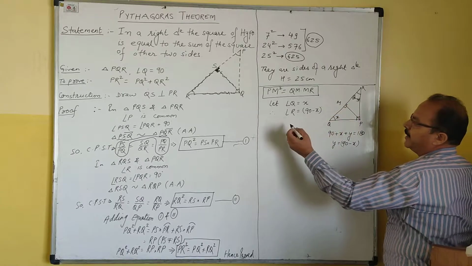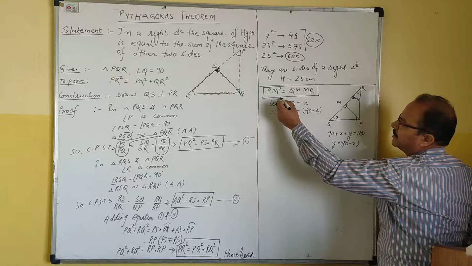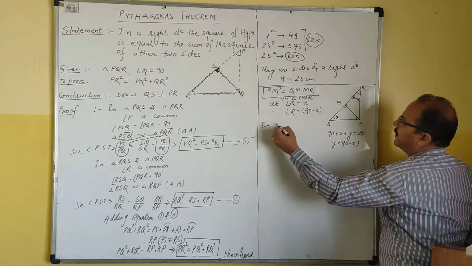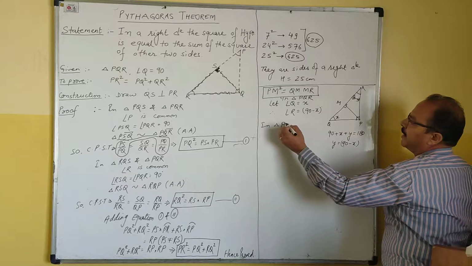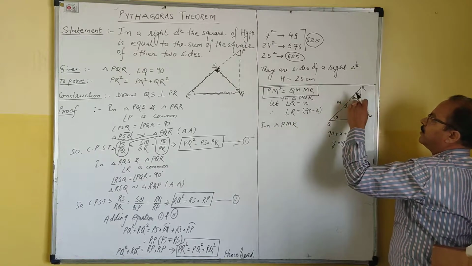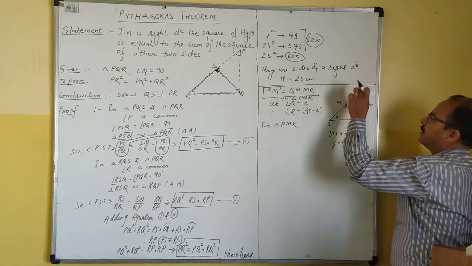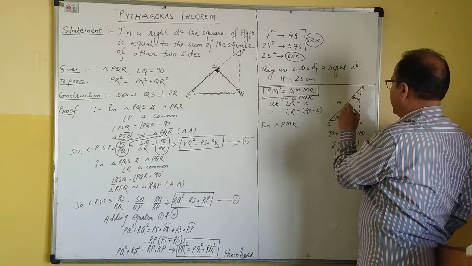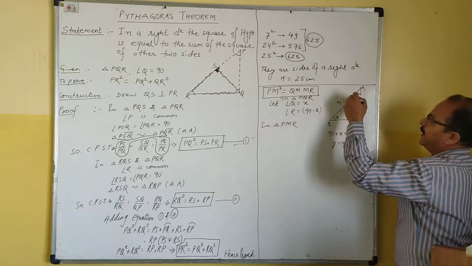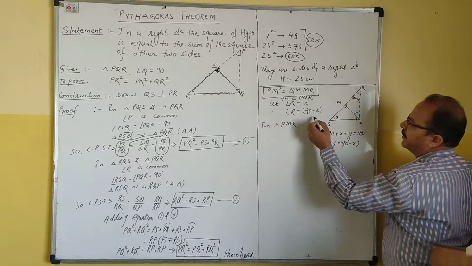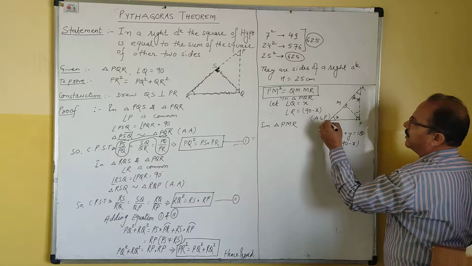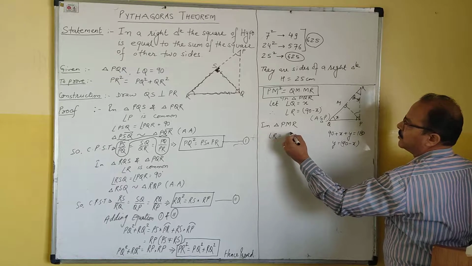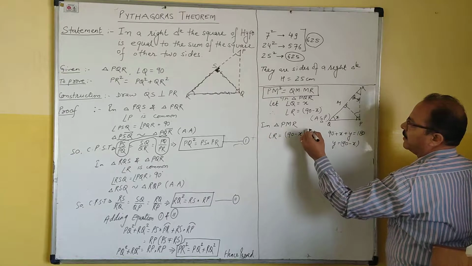Now when we take this in triangle PQR, now in triangle PMR, we have taken this smaller triangle, PMR. Angle R is equal to 90 minus x.